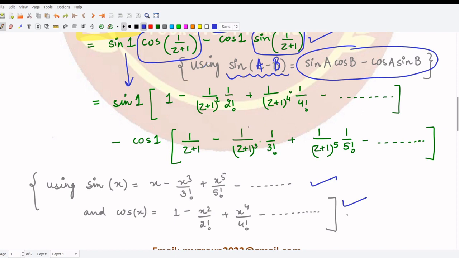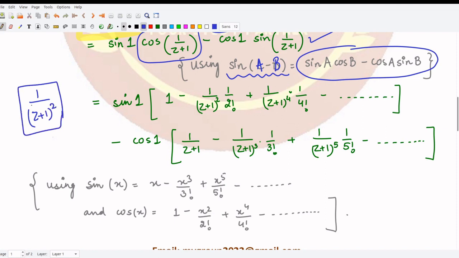So now in this expression, can you have a look at the coefficient of 1 upon (z + 1)^2? We are interested in the coefficient of this term, which is a_(-2), and this is what is required in the question. So from here you can clearly see this is our term, right? So what is the coefficient?